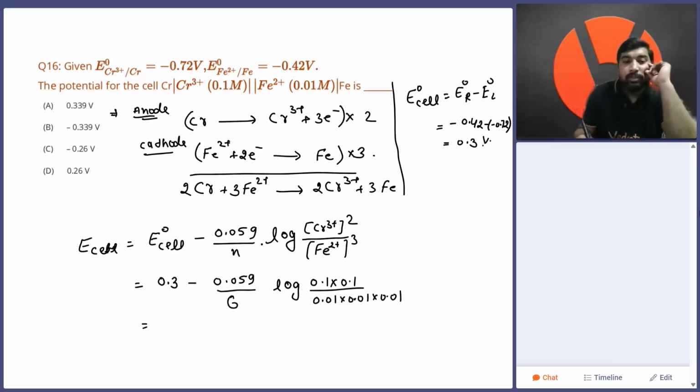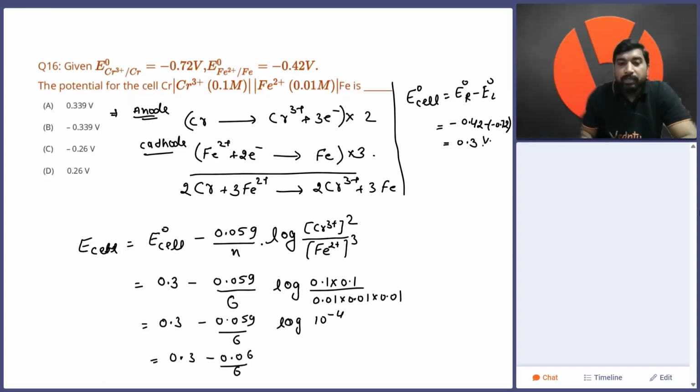On solving this, that is 0.3 minus 0.059 divided by 6, log of 10 to the power 4. It is almost 0.3 minus 0.06 divided by 6 into 4 log 10.